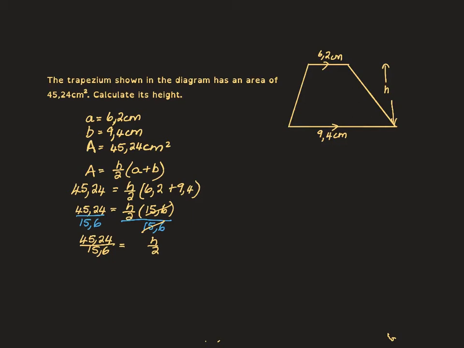And so how we get rid of that is we multiply each side by 2 over 1. Two times h divided by 2 will just give me h. And then on the left-hand side, I have 2 times 45,24 divided by 1 times 15.6.